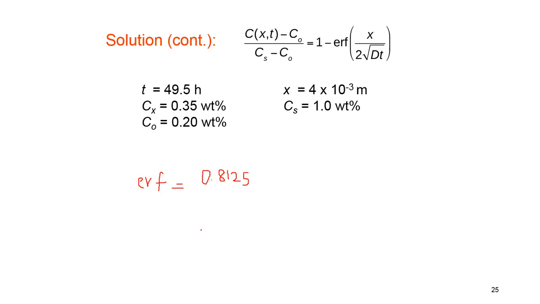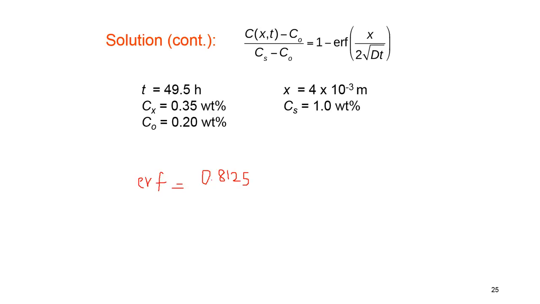If you look at table 7.1, you see this value for the error function is in the second column of the table, and it is between values 0.797 and 0.8209.